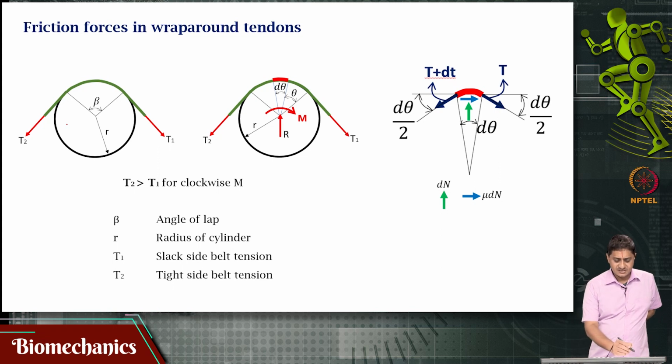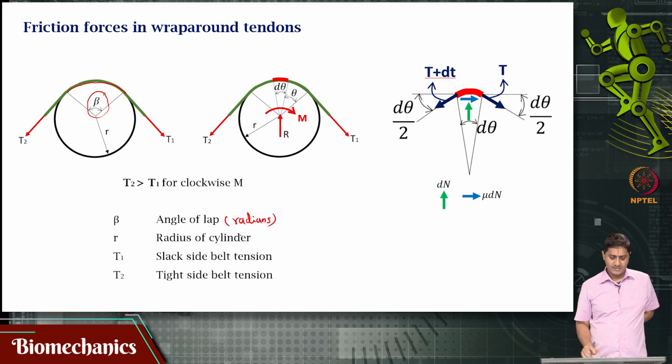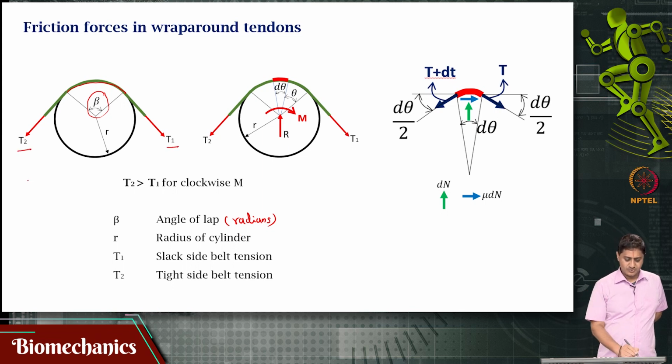Let us say the rope has contact with this cylinder for an angle beta in radians, and this rope or belt has two tensions, T1 and T2.